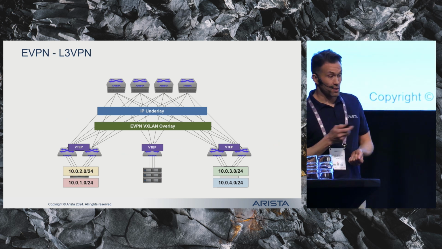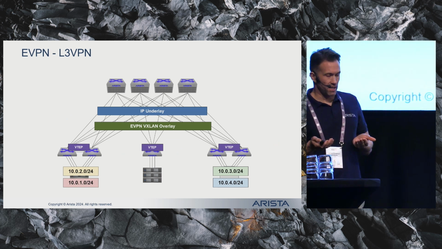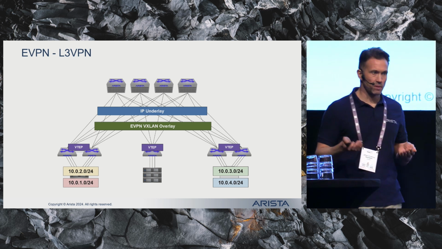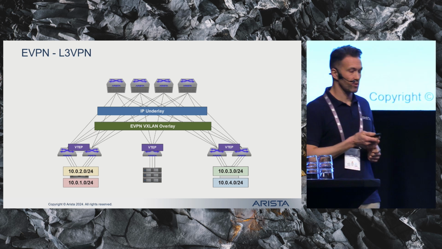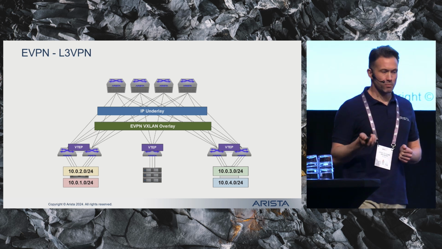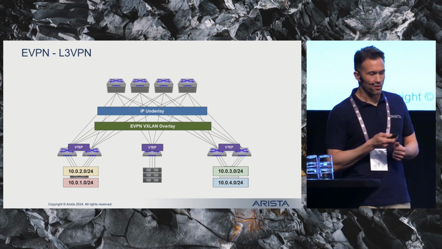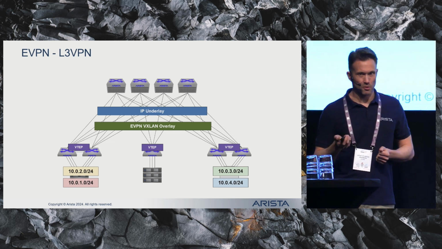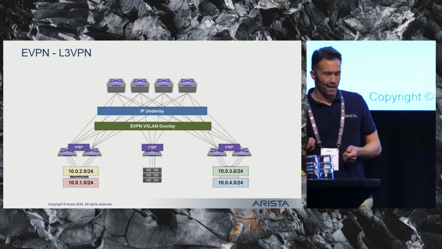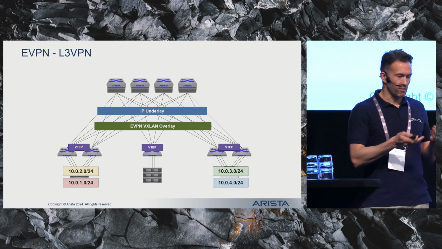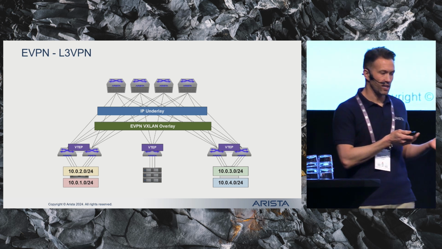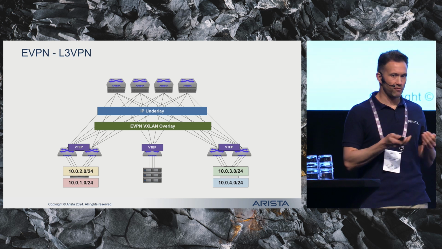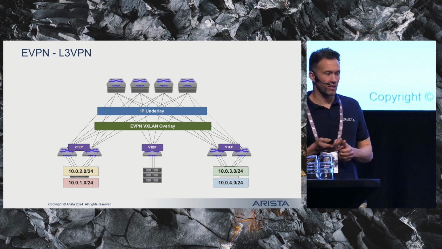And layer 3 VPNs for EVPN has really found its way into the data center, where basically subnets belonging to a VRF are advertised with a VNI belonging to that VRF. In service provider networks, the deployment of EVPN layer 3 VPN has not been as significant. And I guess the reason for that is that, comparing this to the older MPLS layer 3 VPNs, the difference in capabilities are really not that big.